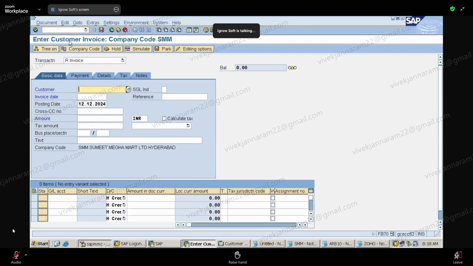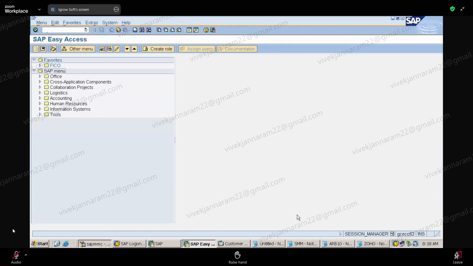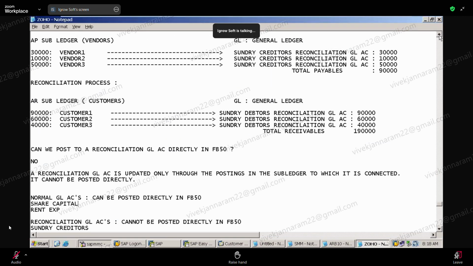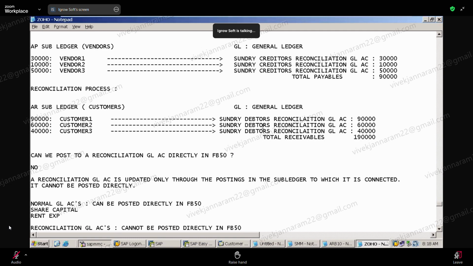We haven't gone through the customer and vendor subledgers yet, we have not started. Okay, good. So everybody understood the reconciliation process. You know what a reconciliation GL account is. They are also created in FS00, but they are recon accounts, updated only through postings from the subledger.